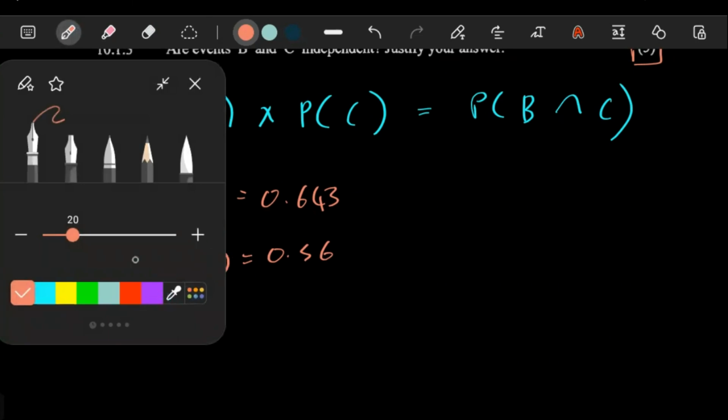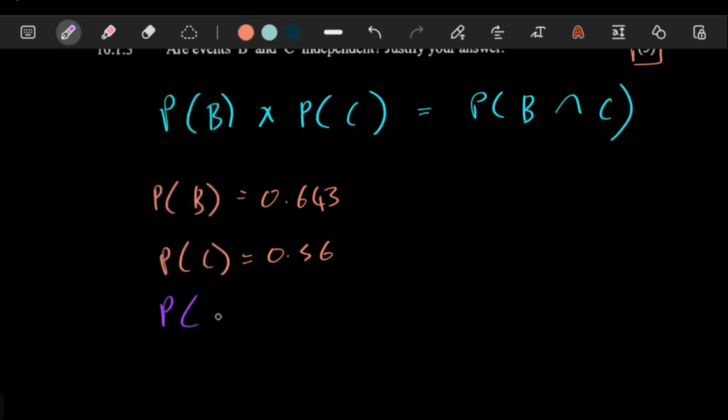So the probability of B and C, you can put B and then C here. What is this going to give you?